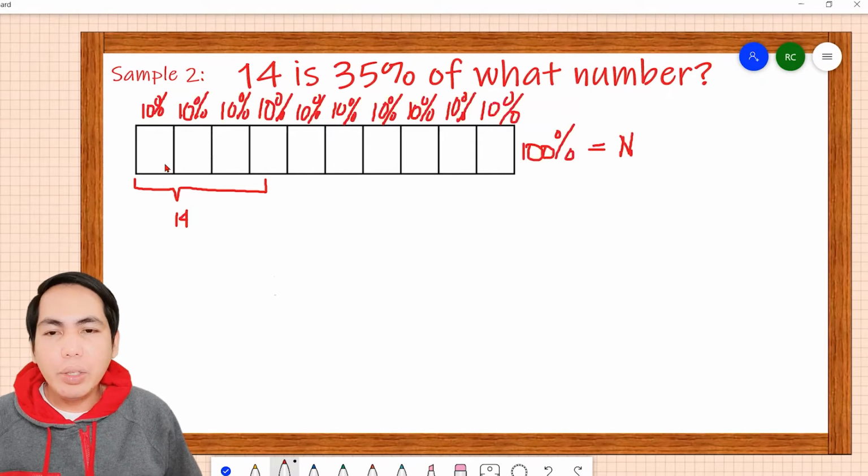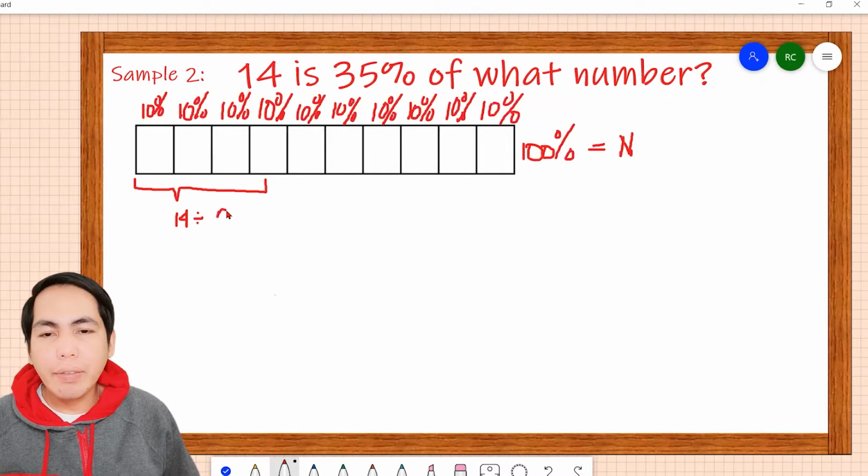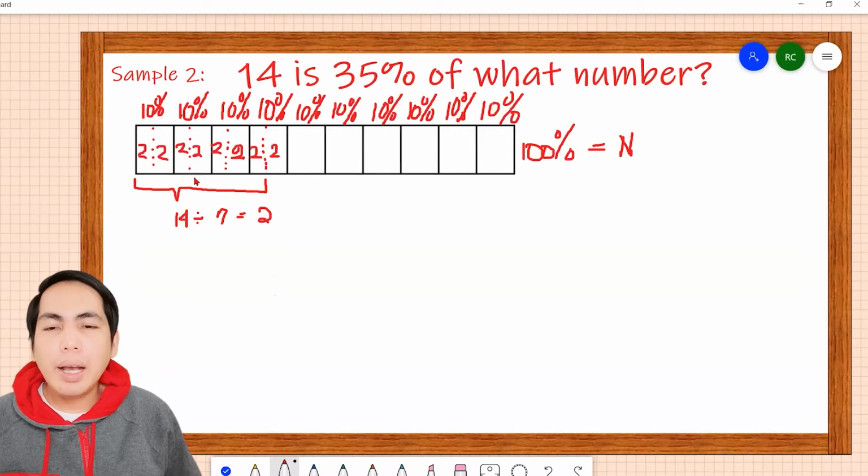So the value in each unit is equivalent to 14 divided by 7, since we are going to divide each unit into 2 equal parts to give us 2. So each half unit is 2 to give us 4 per unit.